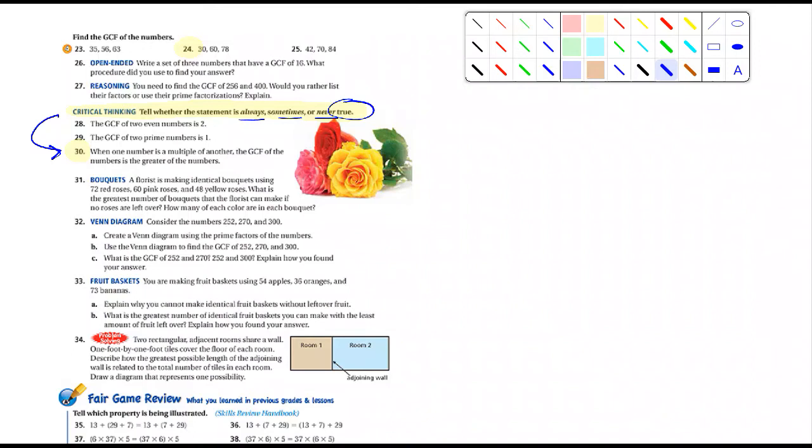So you don't have to do a Venn diagram. I'm not really worried about that. For 32, yeah, do B right here. 32B.